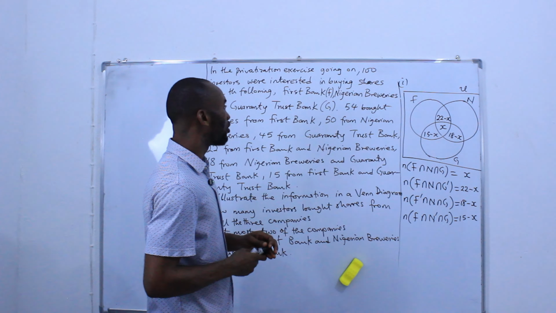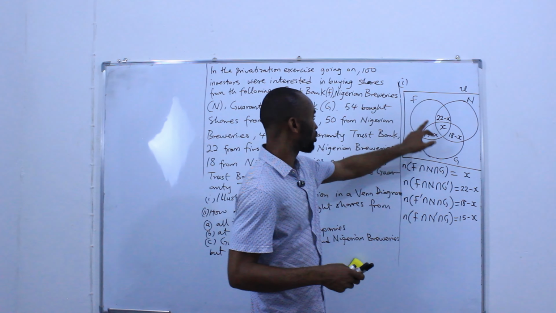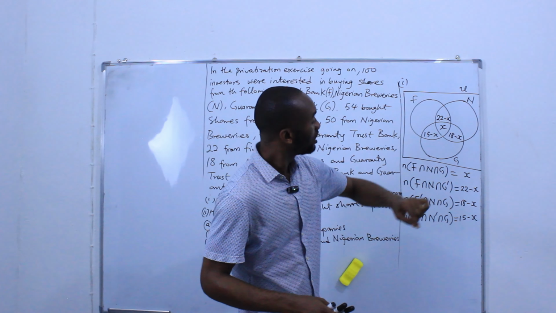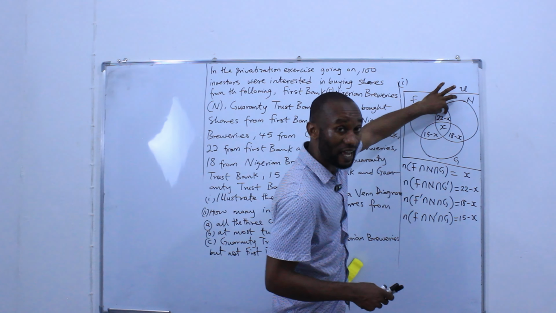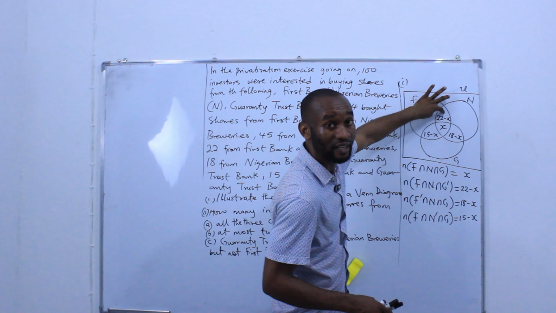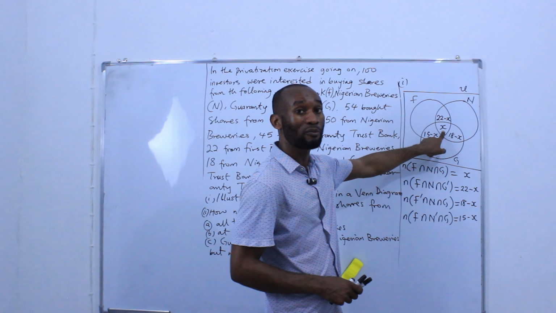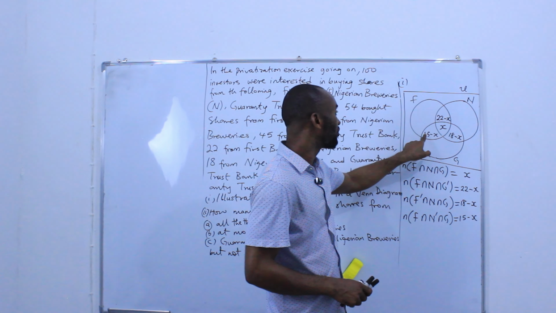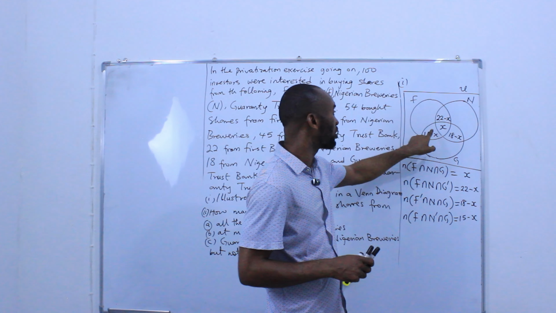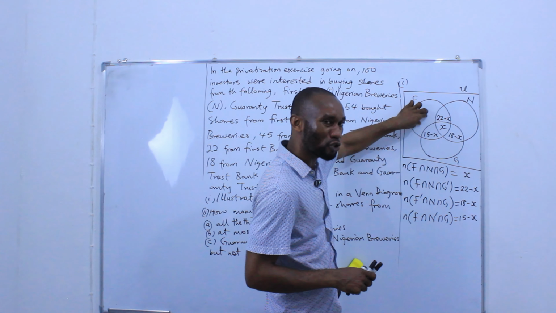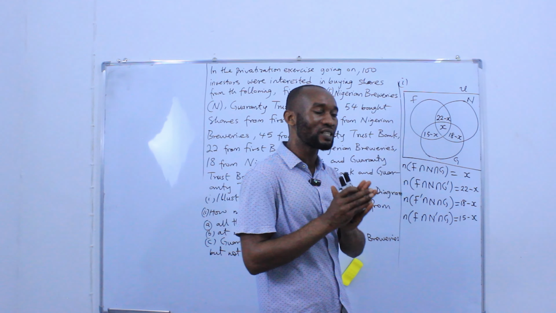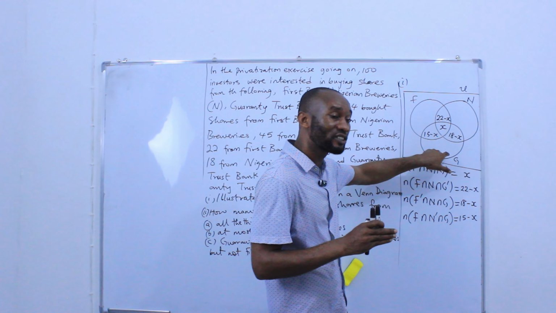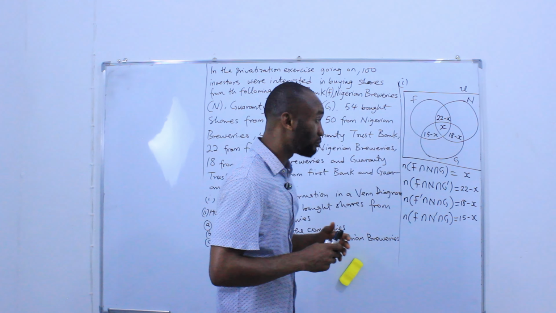Now, we are looking for the remaining portion of the set diagram. For F, already 22 minus X people have bought from here, X persons, and 15 minus X people have already bought from here. Now, the remaining portion represents those that bought only from First Bank and did not buy from Guaranty Trust Bank, nor from Nigerian Breweries.